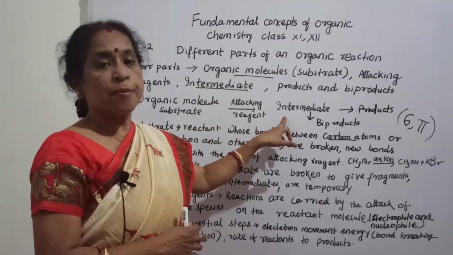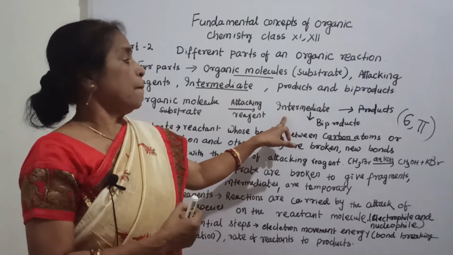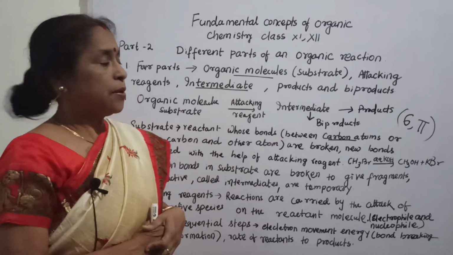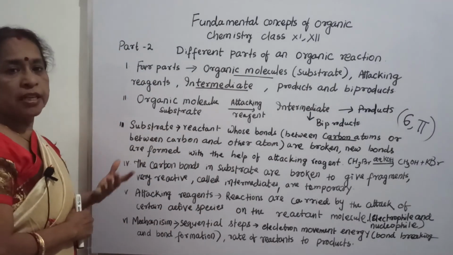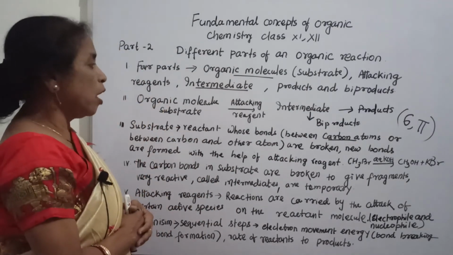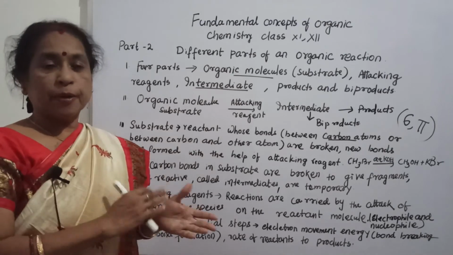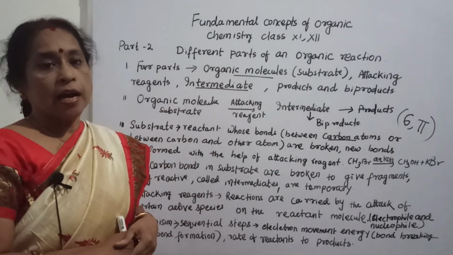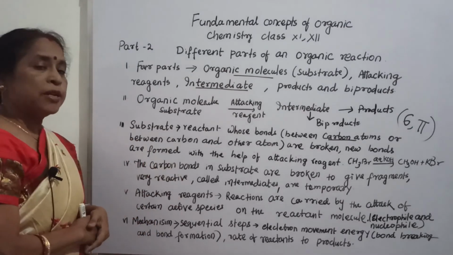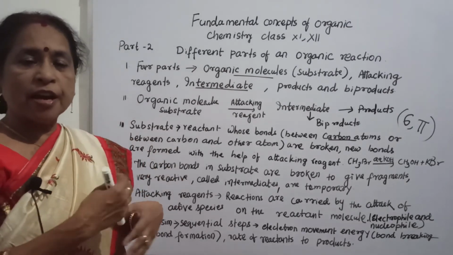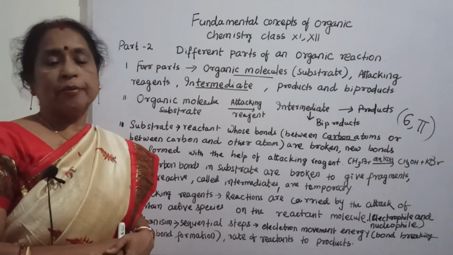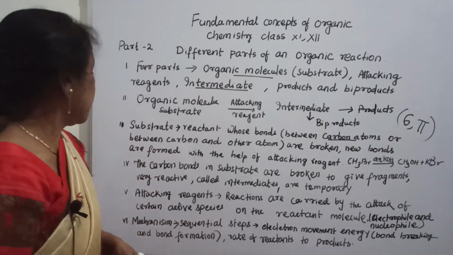Then it produces an intermediate, which is very temporary and very active, and lastly gives product and byproduct. Substrate means a neutral organic molecule where bonds break and form with the help of the attacking reagent. The intermediate step is very temporary, very active and very fast, and after that it gives the product.